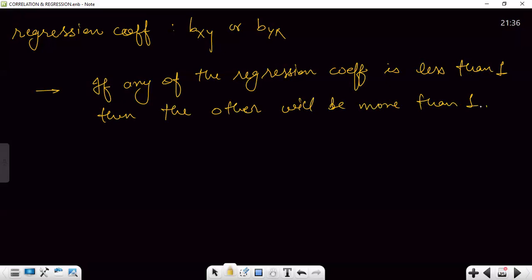Okay. So if any of the regression coefficients is less than 1, then the other will be more than 1. Let's take some examples.